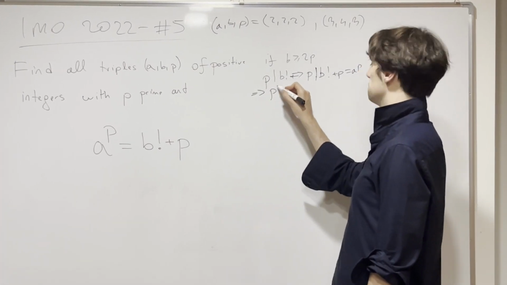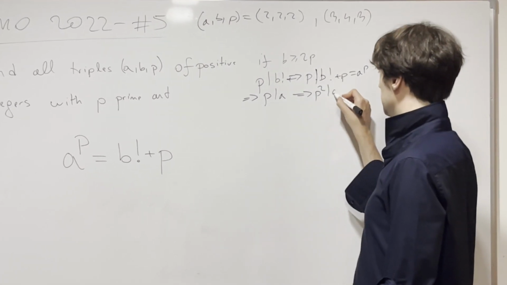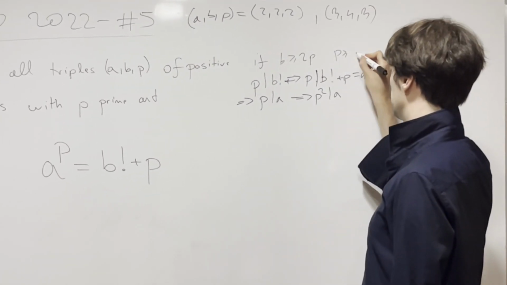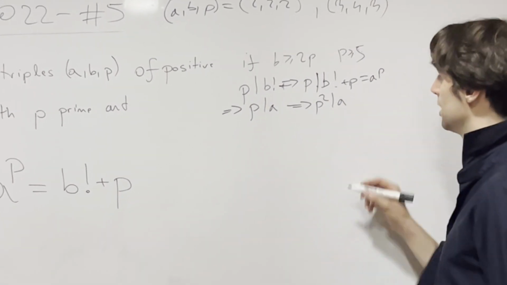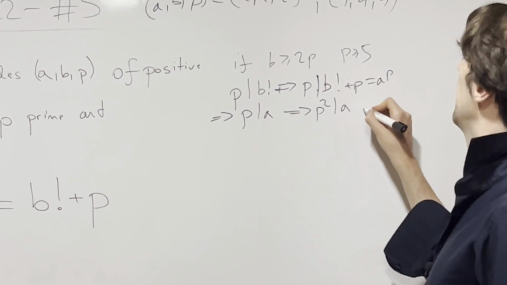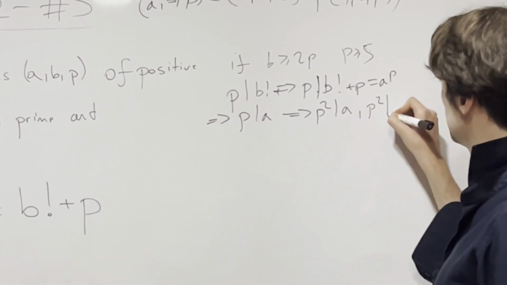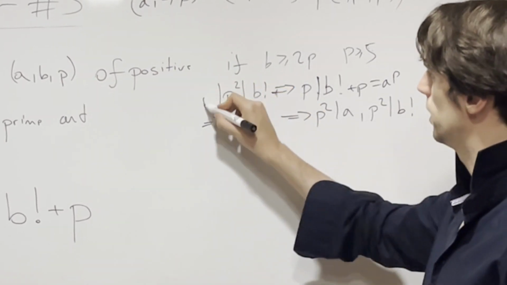This implies that p divides a, and now p squared divides a to the p. And p is greater than or equal to 5, since we've solved the cases for 2 and 3. So p squared divides a, and p squared also divides b factorial. I could also write this like this.